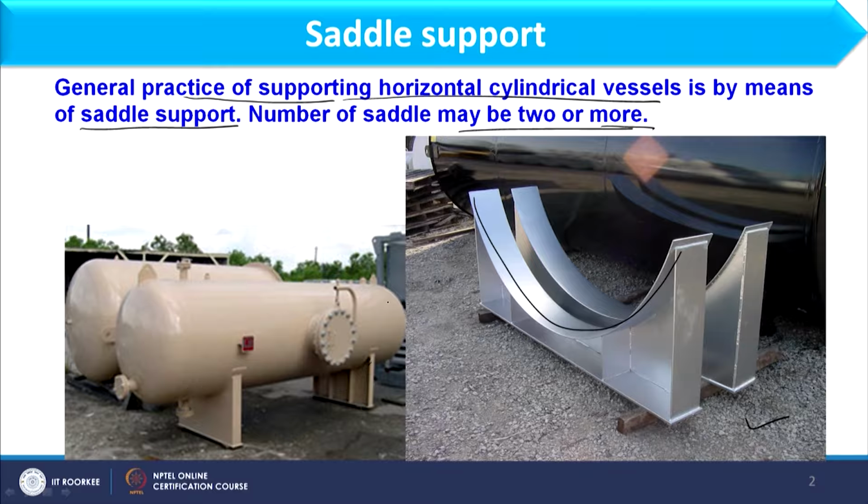Now if you focus on this image, here we have the horizontal vessel, and as far as stresses are concerned, this horizontal vessel has longitudinal stress as well as circumferential stresses. So this saddle support should be designed in such a way that it can hold the vessel with all longitudinal as well as circumferential stresses.